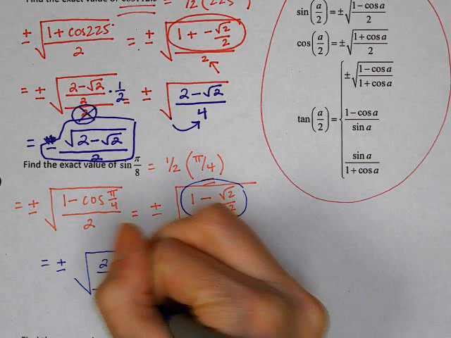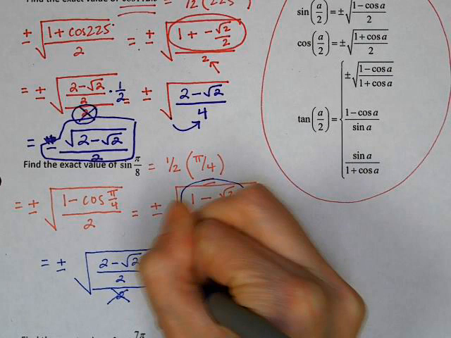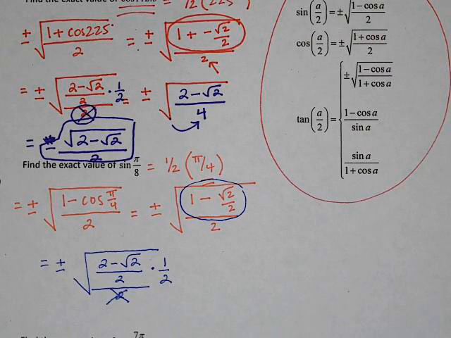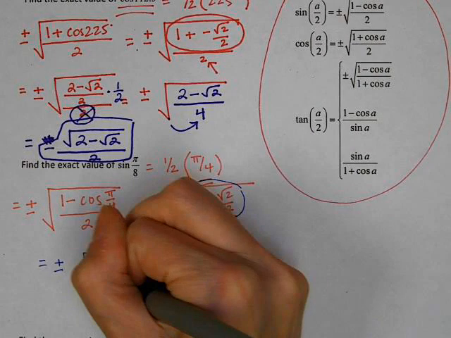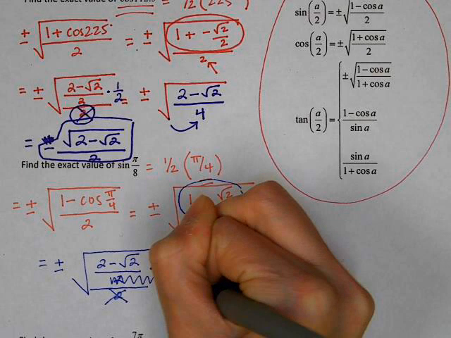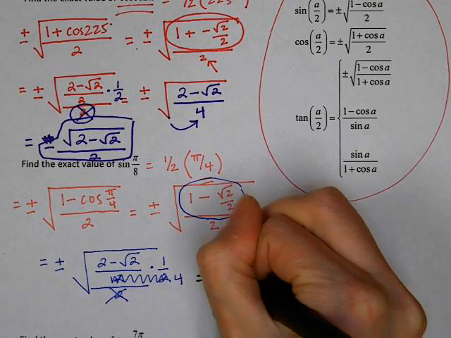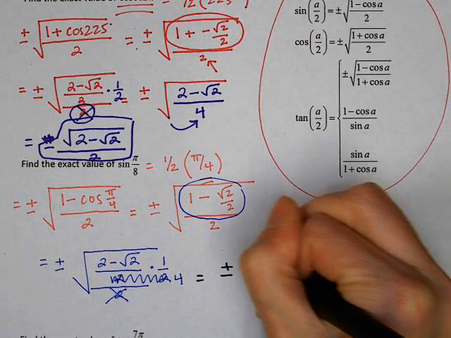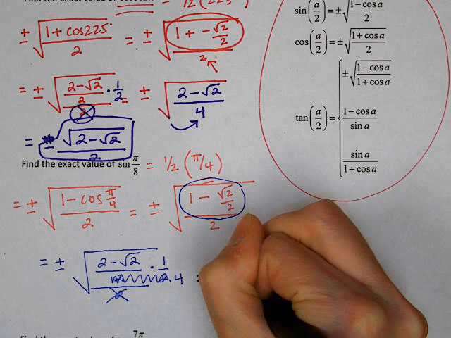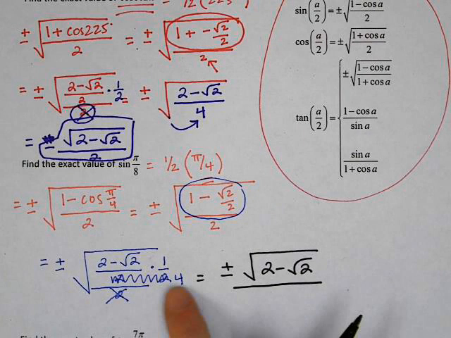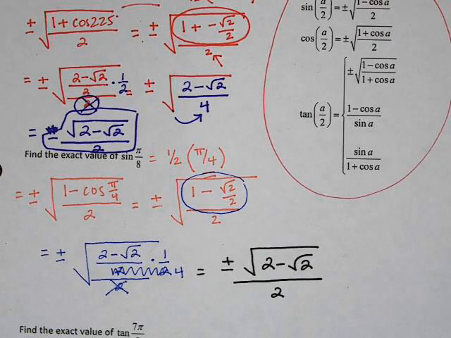But then dividing by 2 is like multiplying by 1/2. So really then 2 times 2 becomes a 4. Okay, so I'm skipping over a little bit of the algebra here. So this one's going to be plus or minus the square root of 2 minus root 2 again, all over, well, the square root of 4 is just a 2.